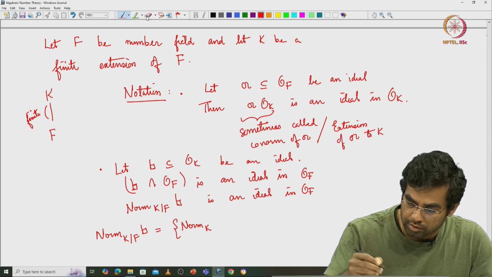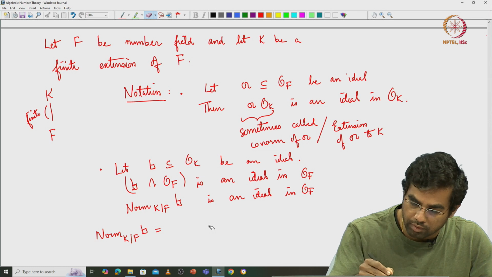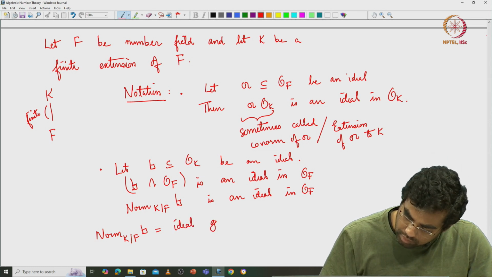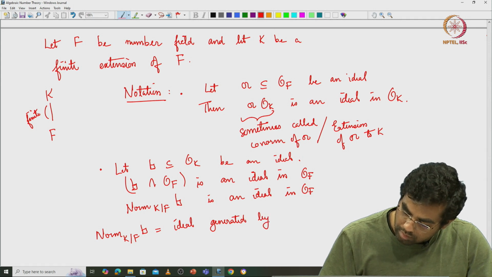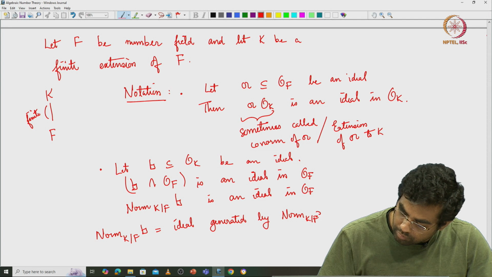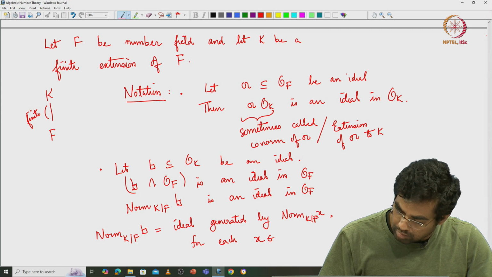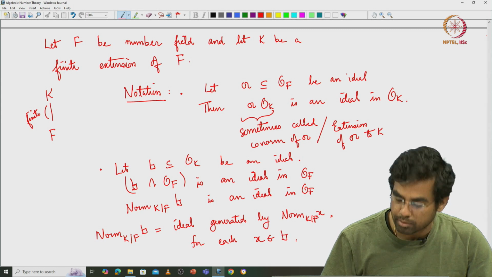So, the norm from K to F of B, this is equal to the norm of each element. So, okay, let me actually write it in the following way. So, this is the ideal generated by the norm from K to F of x for each x in B. Okay.